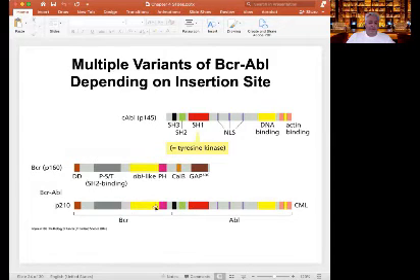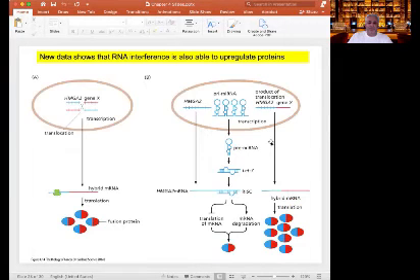So this protein does weird things compared to what the wild type situation would have been, okay? So you still have the DNA binding and the actin binding domains, but now these other domains here have been attached to alternative domains. So this protein that's produced here, the P210, is now going to be a super protein. It can do multiple things that it couldn't do before in its wild type configuration.